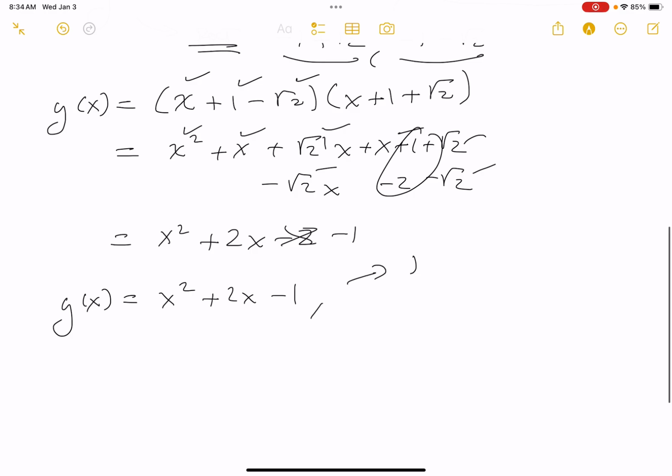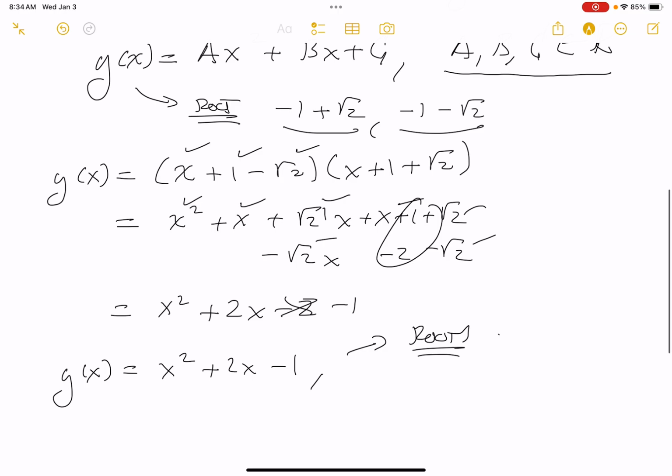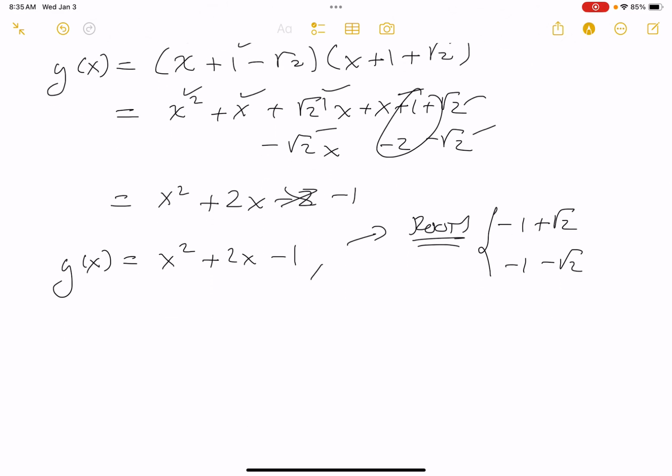And this has the following roots, by the way. The roots of this polynomial, we just did it, is going to be minus 1 plus root 2, and the other root is going to be minus 1 minus root 2. All right? Maybe I should verify that.